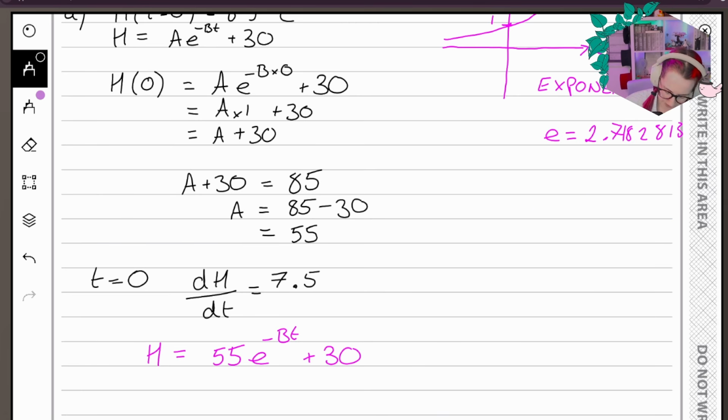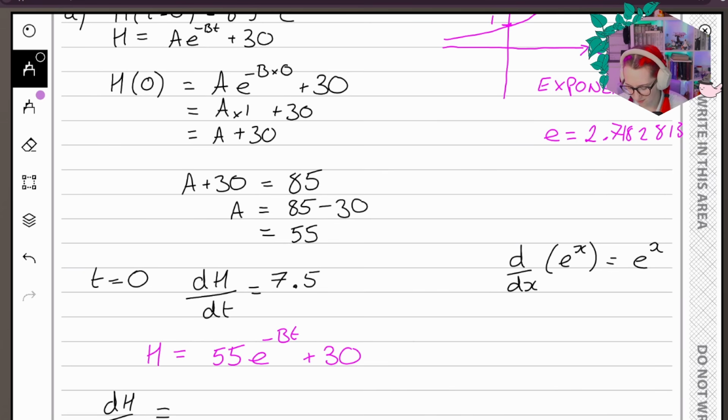Okay, so coming back over here, we have this expression. So now we want to know what dH/dt is, let alone what it is at 0. But dH/dt is the derivative of this. The exponent is weird, where d/dx of e to the x is e to the x. The exponential function is one where the derivative is the same.